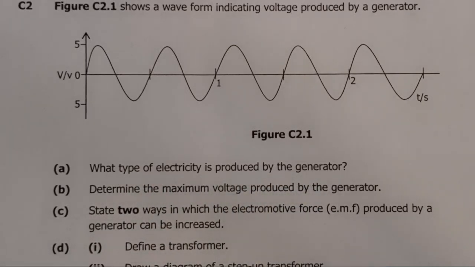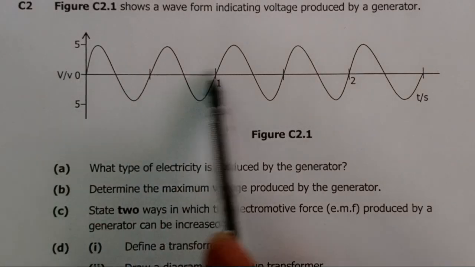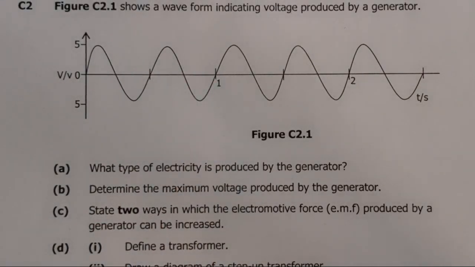Remember that we have two types of generator: the AC generator and the DC generator. This type of wave is from the AC generator. So the electricity that it is producing is AC, which is alternating current.